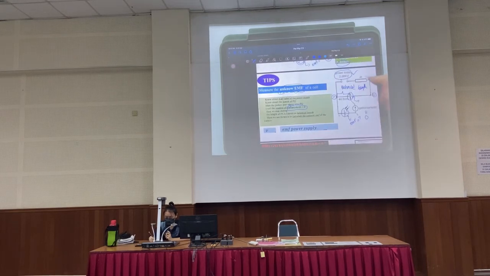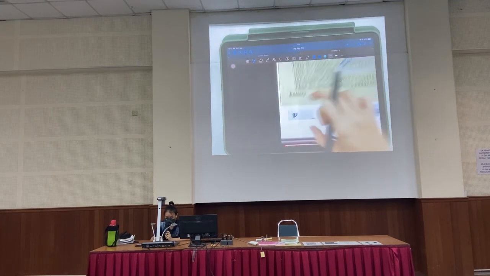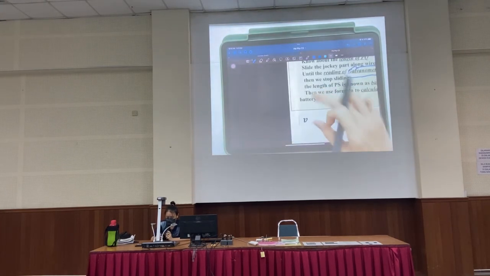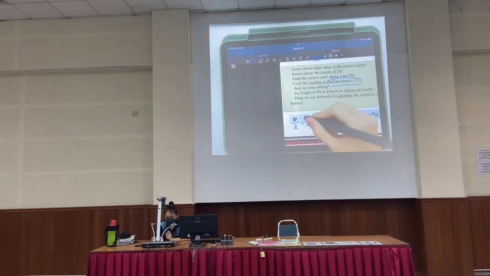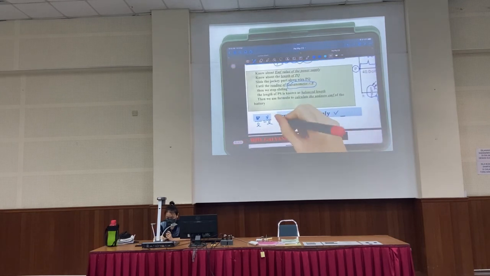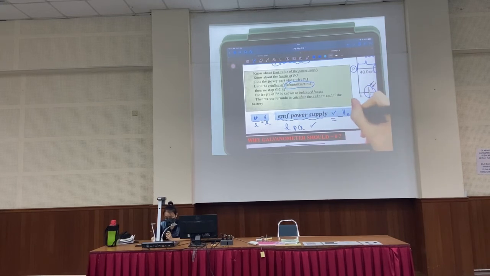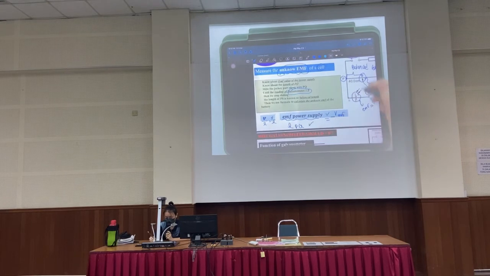Then, after knowing all of this information, we can use it to calculate the unknown EMF. We will use this formula: V divided by L equals V divided by L. This means the EMF of the power supply, which we know, divided by the length of PQ, which we also know, equals the unknown EMF of the cell divided by the balance length.